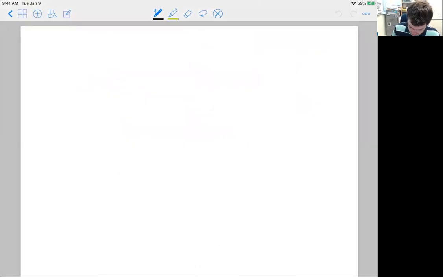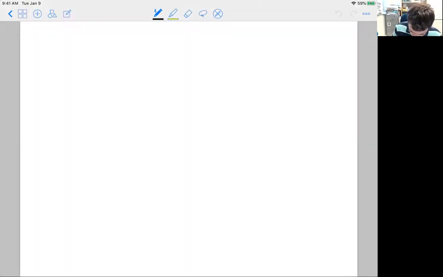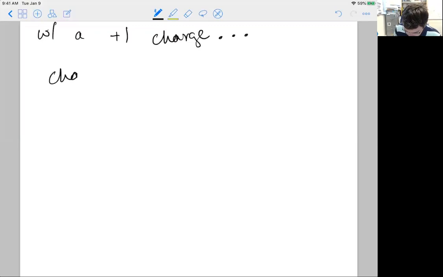Okay, so changing the page. With a +1 charge, we recall that our charge equals the number of protons minus the number of electrons.